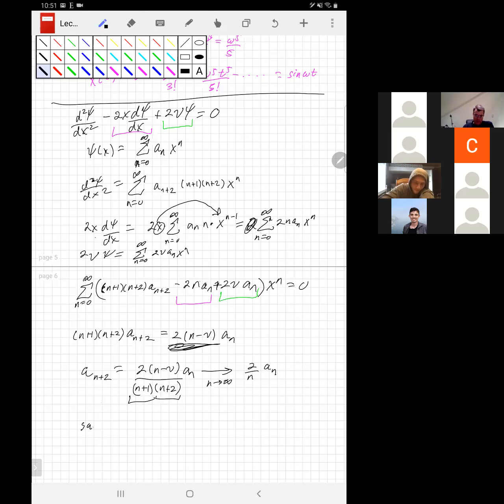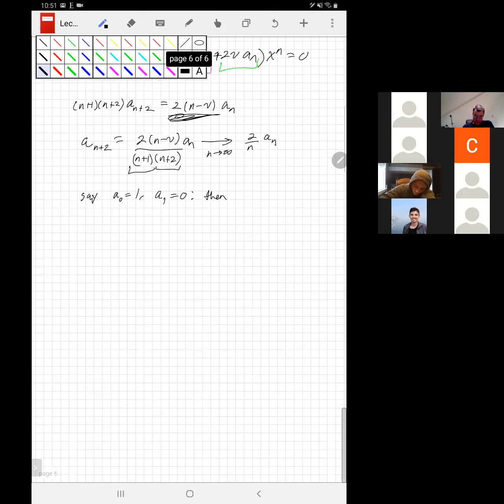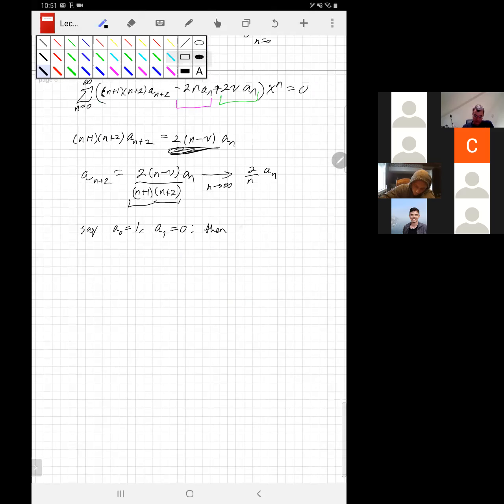So if we say that a sub 0 is 1 and a sub 1 is 0, and that would just be one type of initial condition, then for even n, we get an even function that is roughly, you're going to say, well, this is not exactly correct. And you're right, it's not exactly correct.